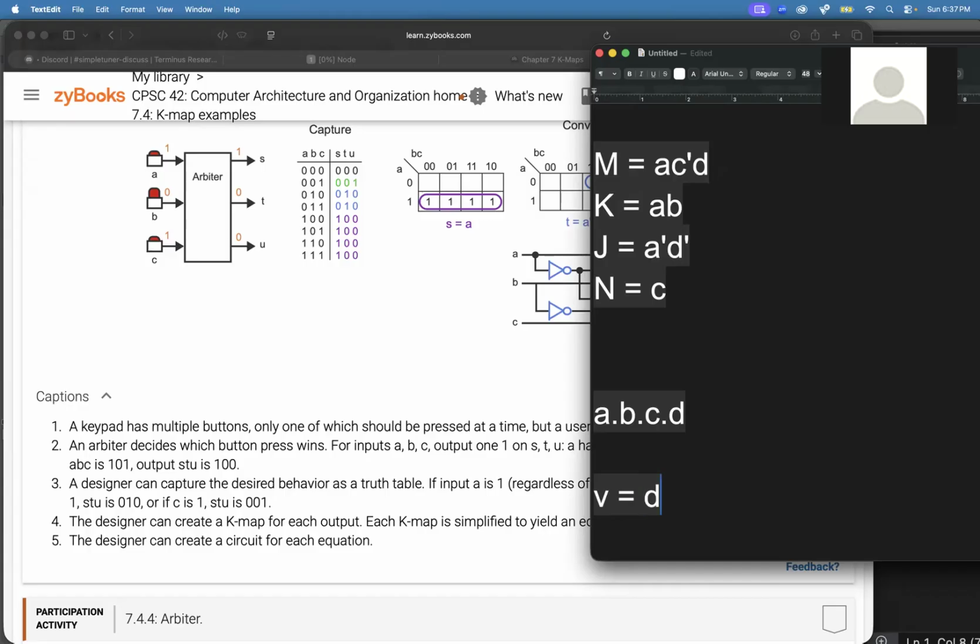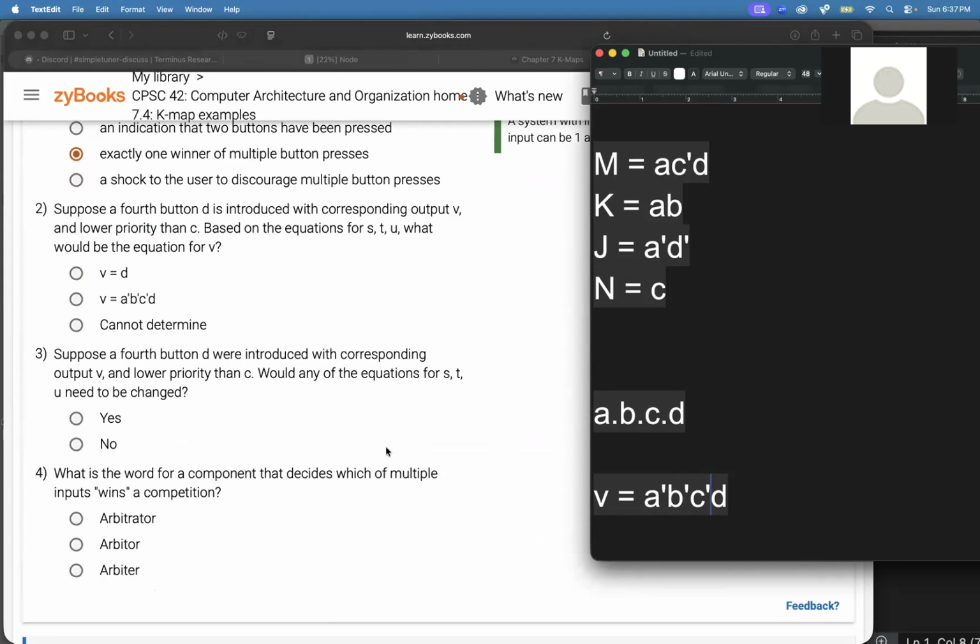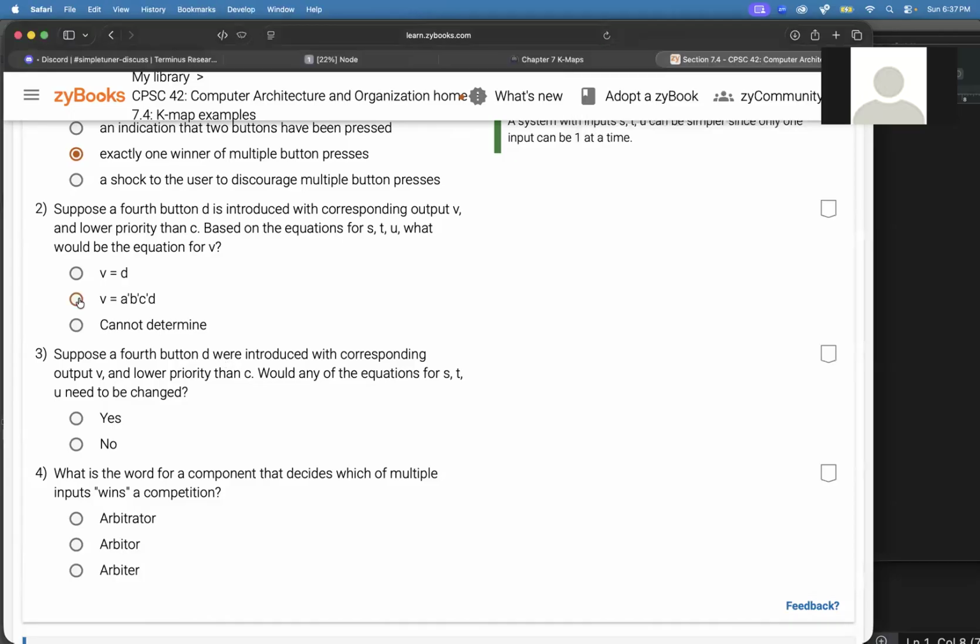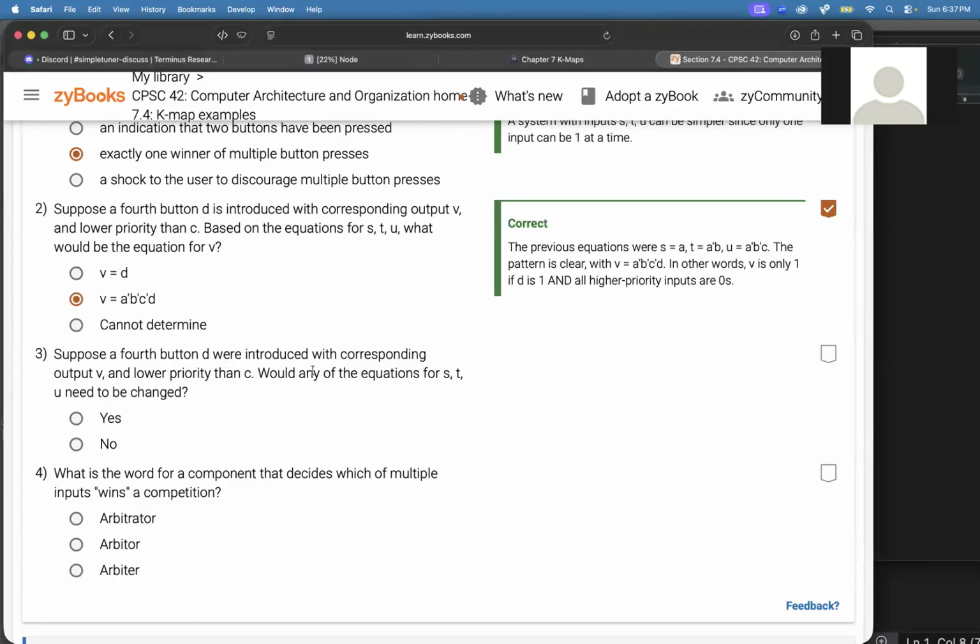Well, you have to be pressing button D, but not pressing A, not pressing B, not pressing C, but you are pressing D. That's how you would write the equation for V for the lowest priority button. Interesting.